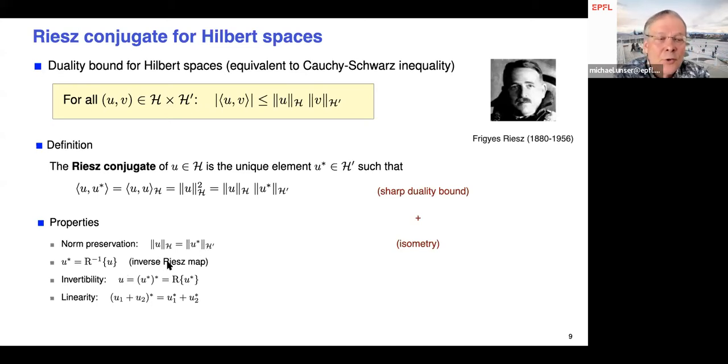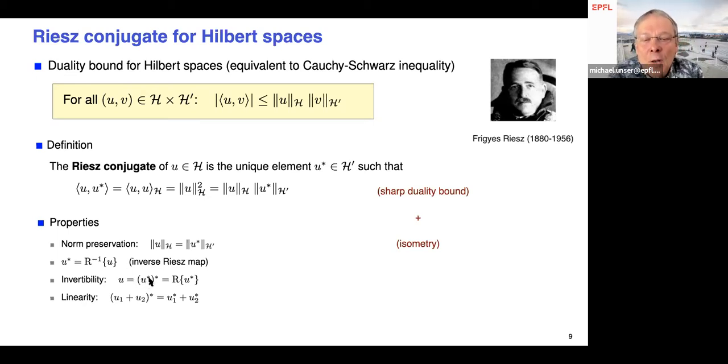And then this Riesz map is linear, and it is invertible. So if you apply the inverse to U, this operator here is precisely the Riesz map, but the inverse of the Riesz map gives you the duality map, and then it's invertible.